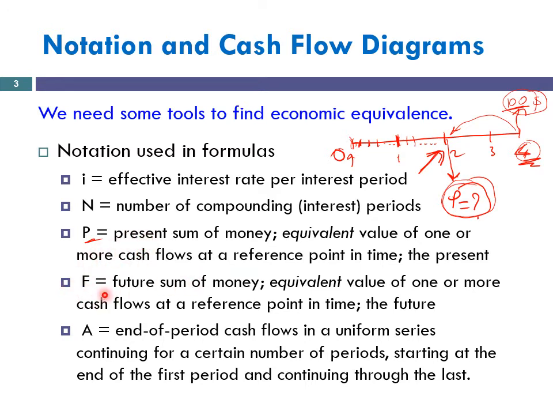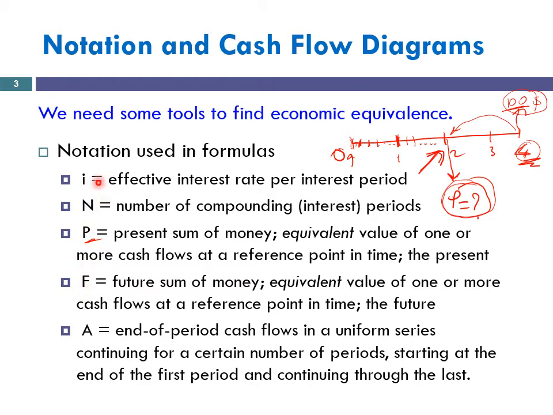And F is the future sum of money, and it's the equivalent value of one or more cash flows at a reference point in time, the future. Okay, so this F, similar to P, will represent a future time. We will make a lot of examples concerning these issues, so don't be confused at this time. These are just the notations.